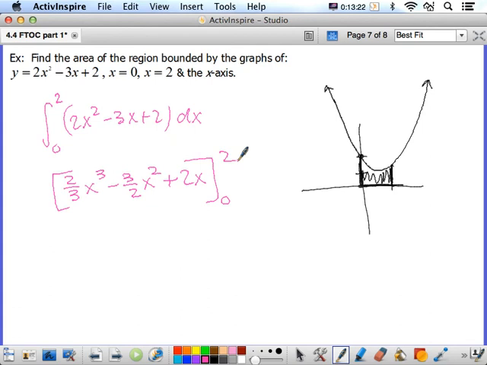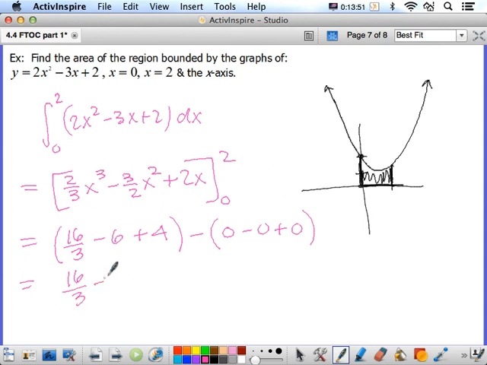So if we substitute in 2, we get 8 times 2/3 is 16/3 minus 6 plus 4, right guys? Minus 0 cubed is 0, minus 0, plus 0. So that ends up zeroing out. So we have 16/3 minus 2, which is the same as 16/3 minus 6/3. So is the right answer 10/3?